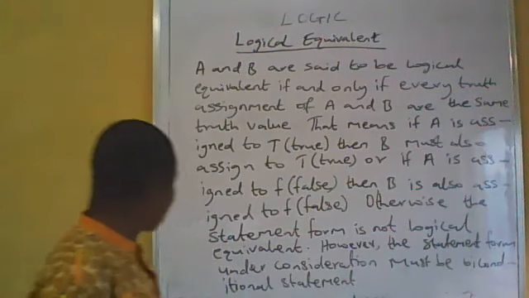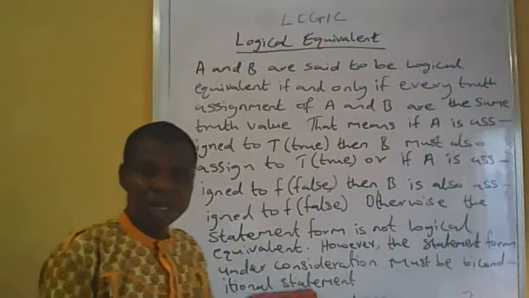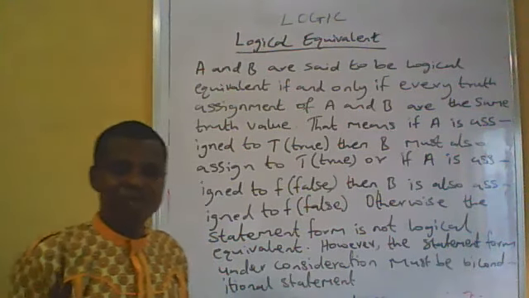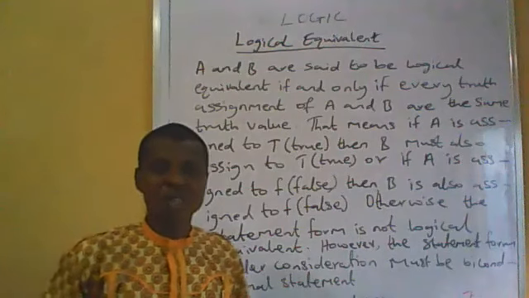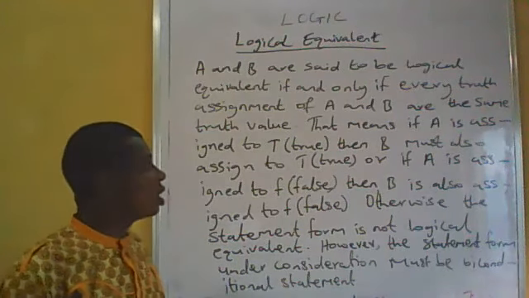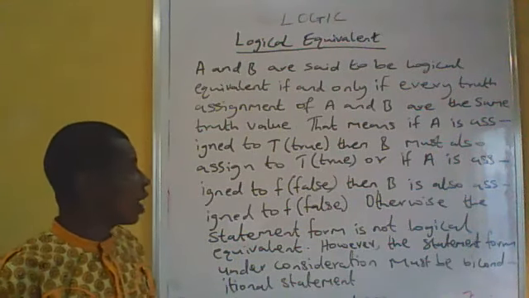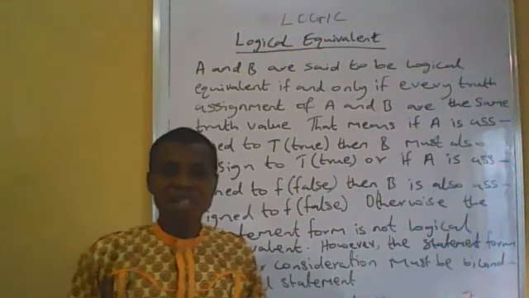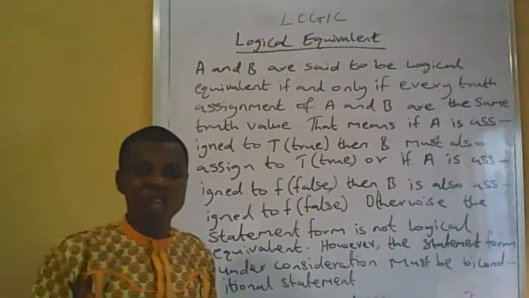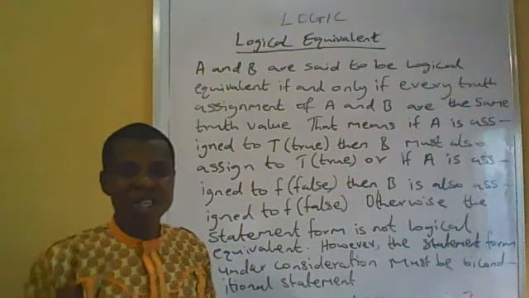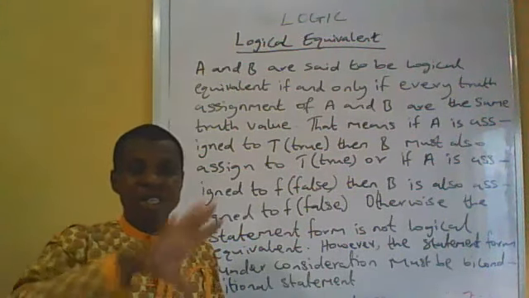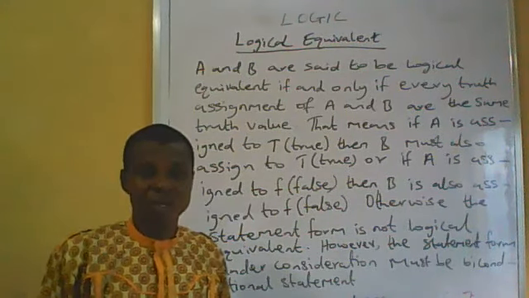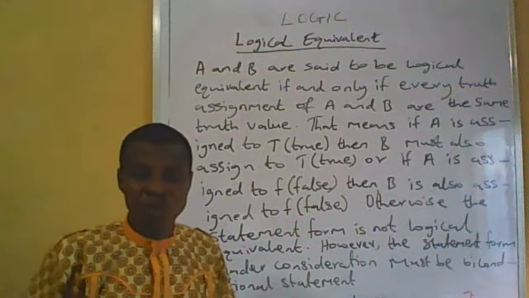That's what we mean by logical equivalence. We said that A and B are said to be logically equivalent if and only if every truth assignment of A and B are the same truth value. That means A and B, because they are statements, must have the same truth value.